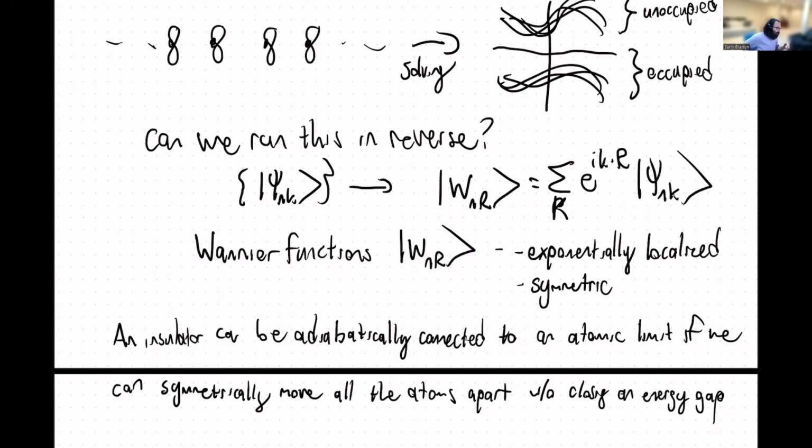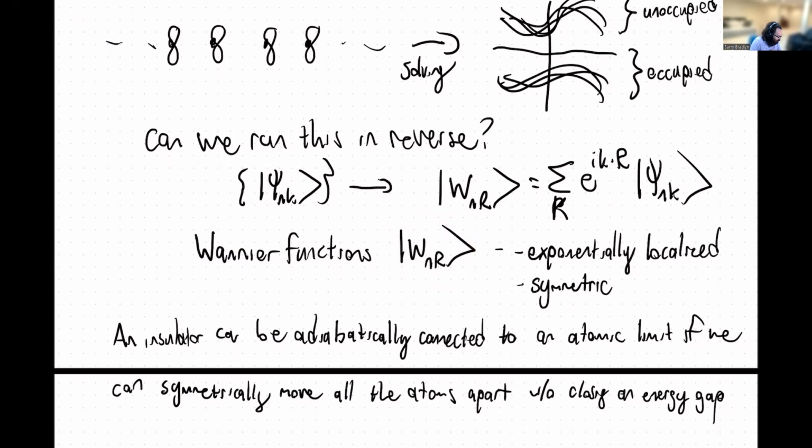So we know that such a band structure, or such an insulator, can be described by exponentially localized symmetric Wannier functions. They're just our localized atomic orbitals. And so any band structure that is connected to the atomic limit in this way has exponentially localized and symmetric Wannier functions. And for any such system, we can form these Wannier functions no problem.